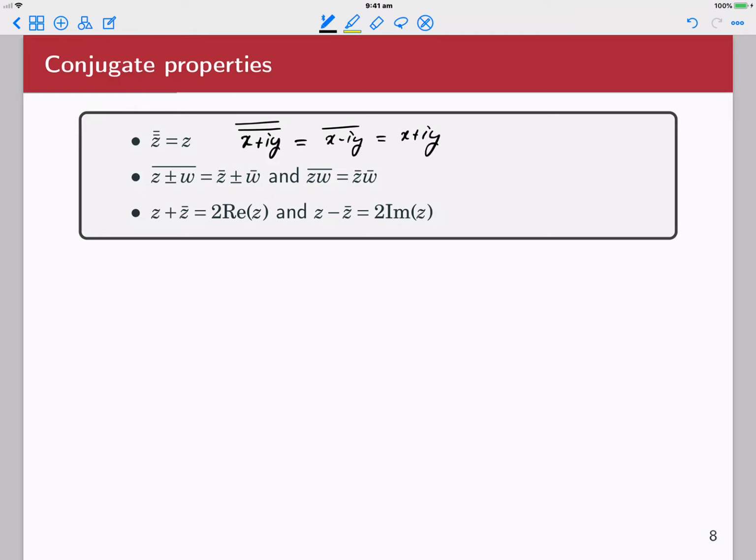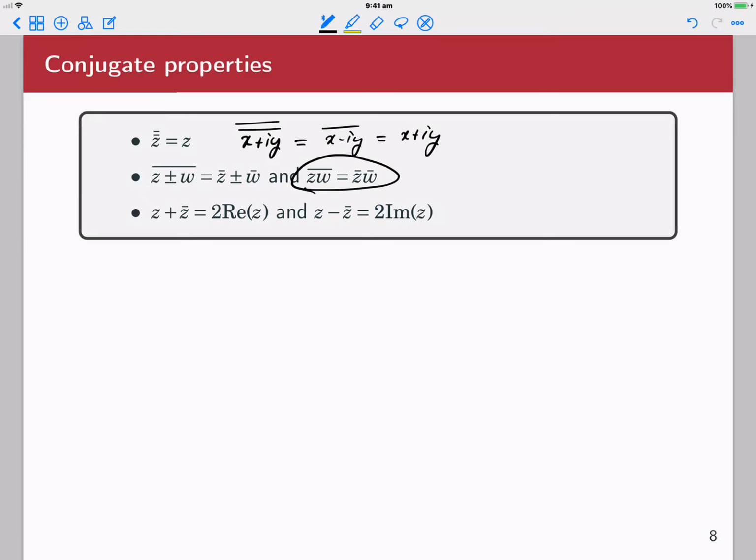Or you can multiply and take the conjugate, or take the conjugate and then multiply. That's really what the second property is saying. It's a good exercise to try to prove these on your own, because it'll help you understand the idea of the conjugate a bit better. Maybe I'll prove this one for you, just to give you an idea of how you would set out your work.